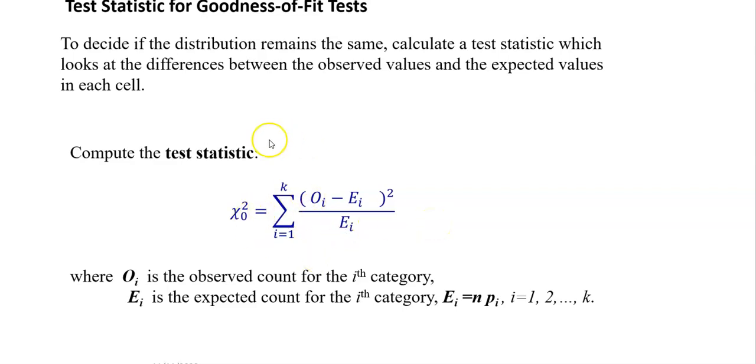And this test statistic is called a chi-square statistic. We represent the chi-square statistic that is computed based on the sample data as chi-square null. So it is the computed chi-square statistic based on the sample data.